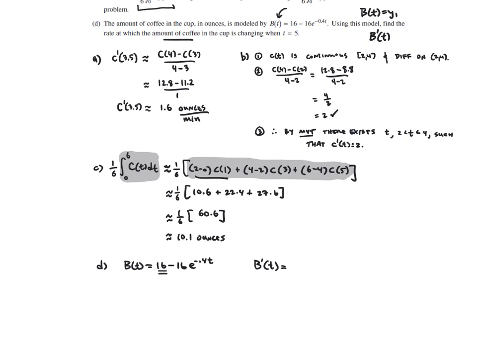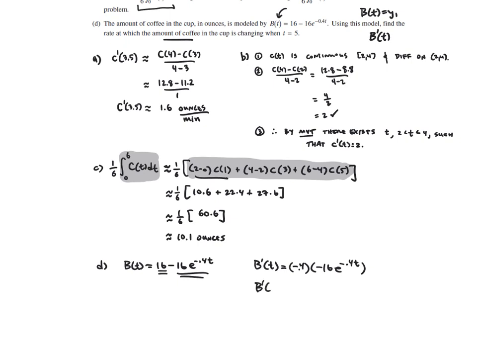Okay, so the derivative of 16 is 0. The derivative of negative 16 e to the negative 0.4t is going to be negative 0.4 times negative 16 e to the negative 0.4t. Right, I use the chain rule to work through that.